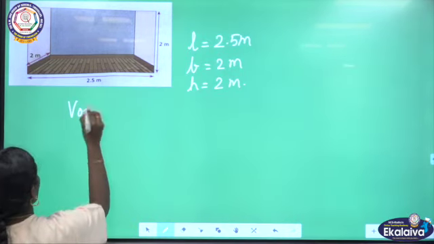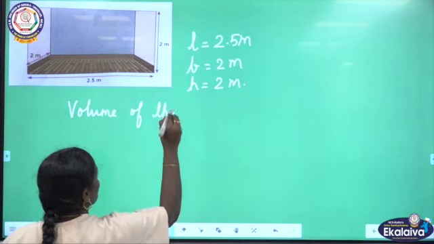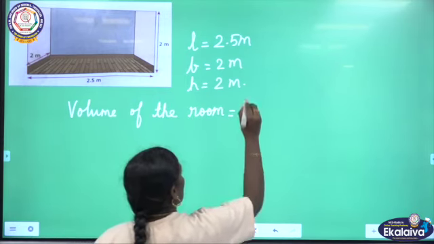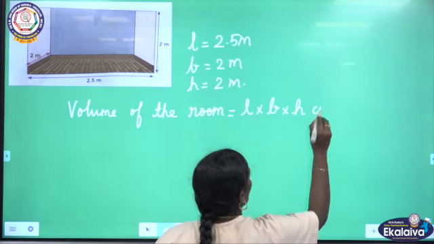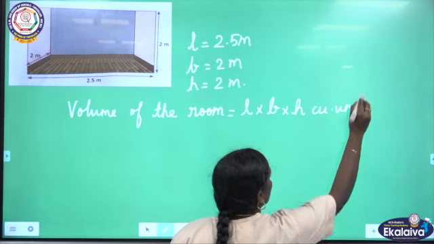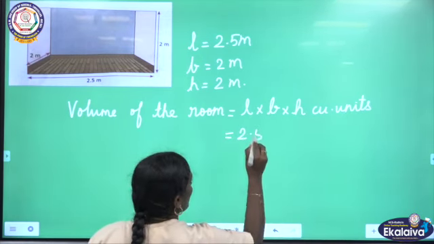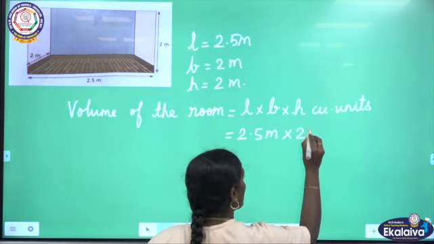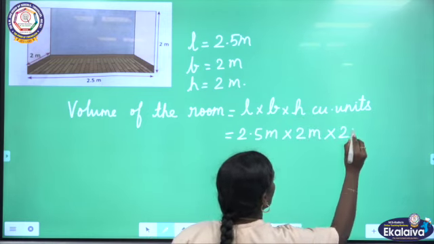So volume of the room is equal to length into breadth into height cubic units. Here length is equal to 2.5 meter into breadth is equal to 2 meter into height, that is 2 meter.